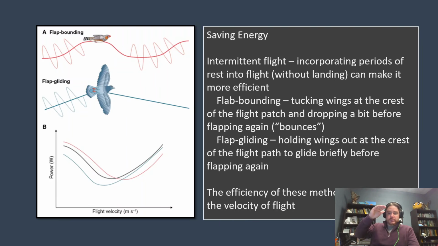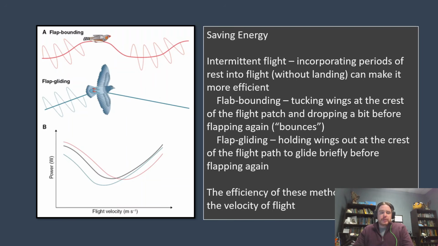And then they tuck their wings, and they let the momentum carry them forward without spending any more energy for a brief moment. And then they drop back down, and then they do it again, and they bounce up again. And so what this creates is a flight that looks like this. It looks like the bird is bouncing through the air. Really great example of a bird that does this is a pileated woodpecker. You will see this. Pileated woodpecker is a very large bird, and you'll see this huge bird bouncing across the sky, usually headed toward a tree.